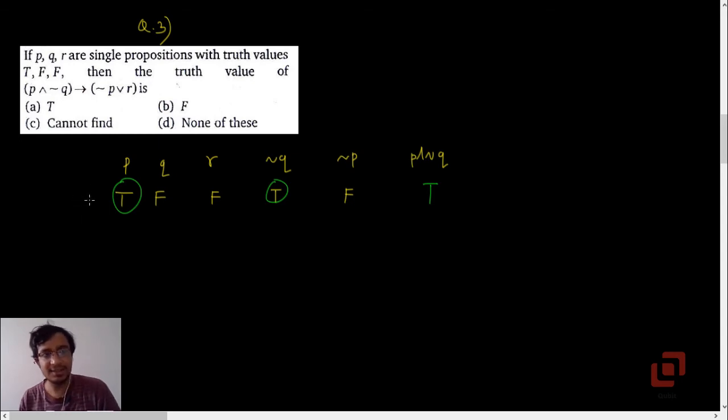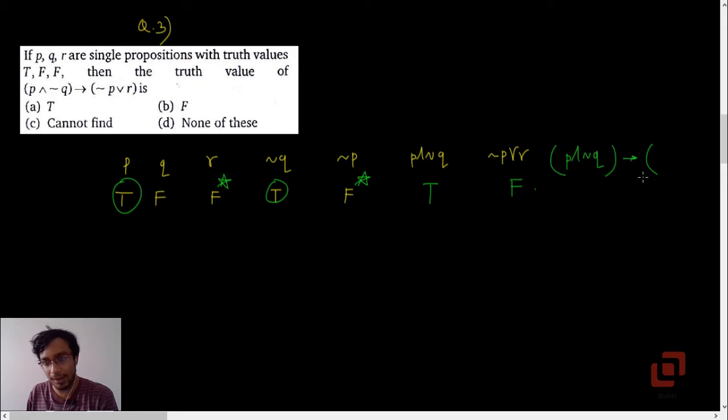Let's now go to the second compound proposition, that is negation P or R. Now R is false and negation P is also false, so the truth value of negation P or R is false. Then we have a true statement, that is P and negation Q, implying a false statement.